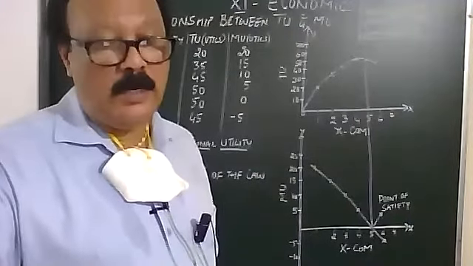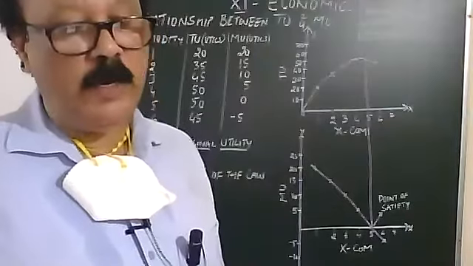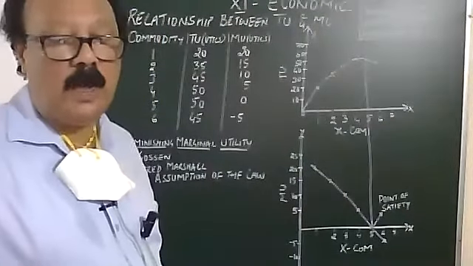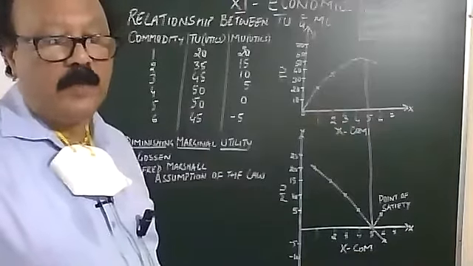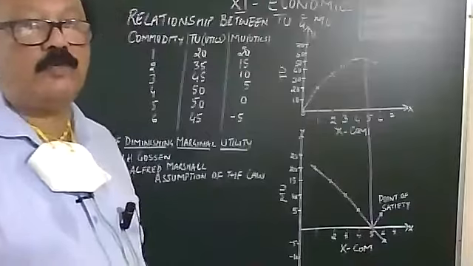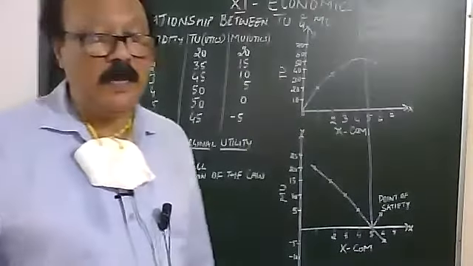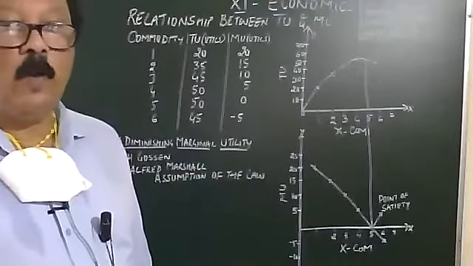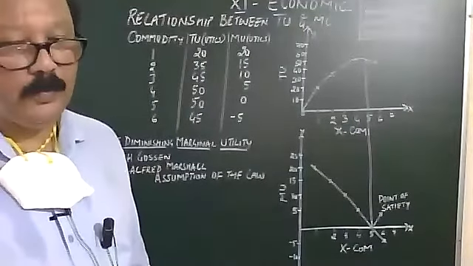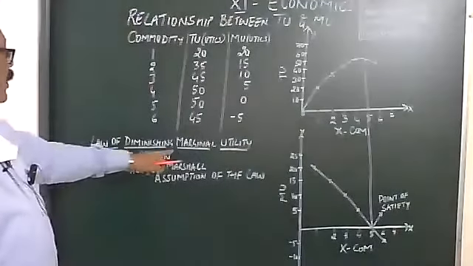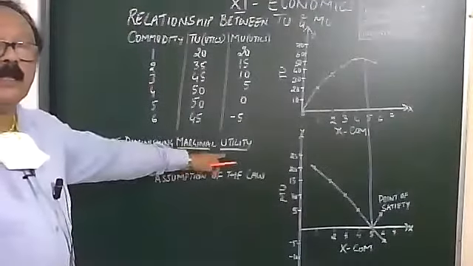There should be no change in your taste, preferences, habits, or the income of the consumer. The price of the commodity should also be constant. And the last was, the consumer should be rational, wise, and know when to stop. So these are the assumptions to the law of diminishing marginal utility.